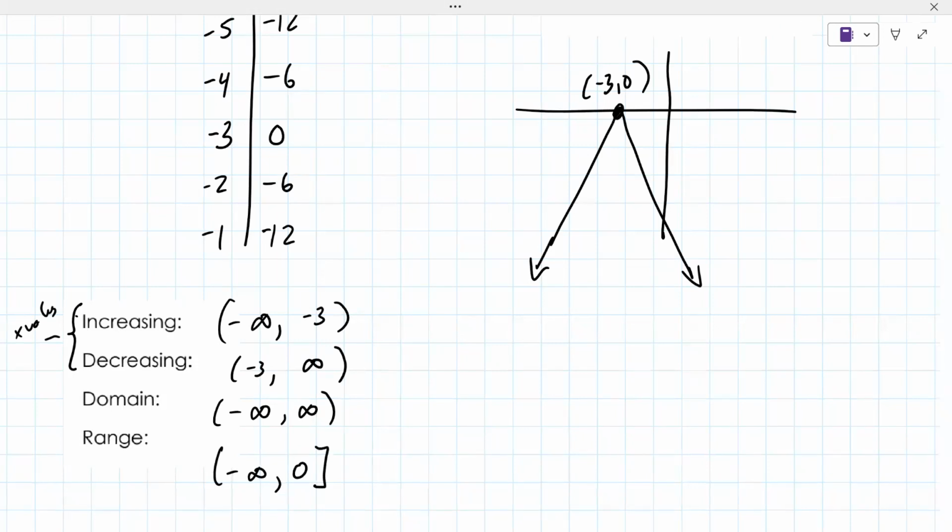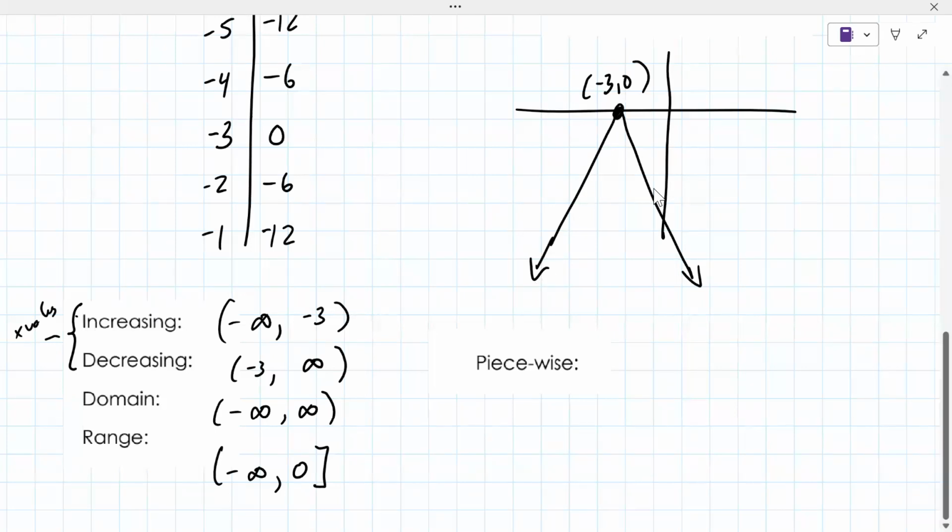Now this piecewise part is a little bit harder to do, but you're going to see there's a pattern here. All right. So what kind of slope does this part on the left have? Positive or negative? It goes up to the right, so a positive slope.